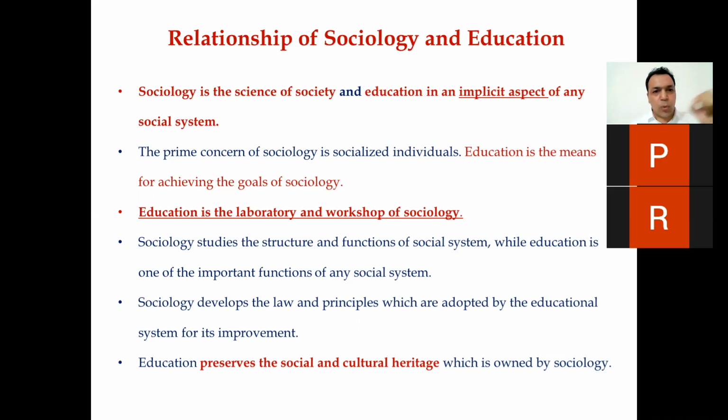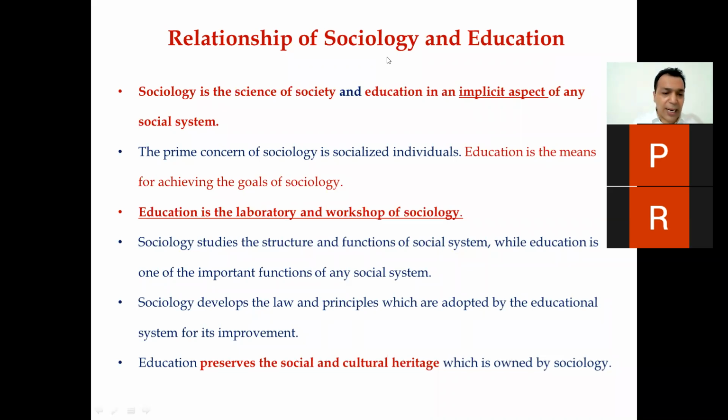Third, look at the bullet, this is the most important. Education is the laboratory and workshop of sociology, right, guys? Sociology studies the structure and functions of the social system, while education is one of the important functions of any social system, right?